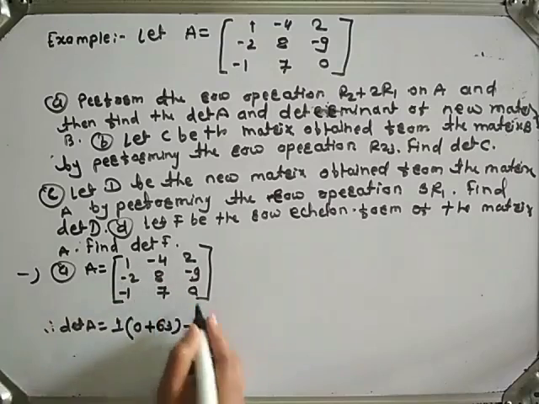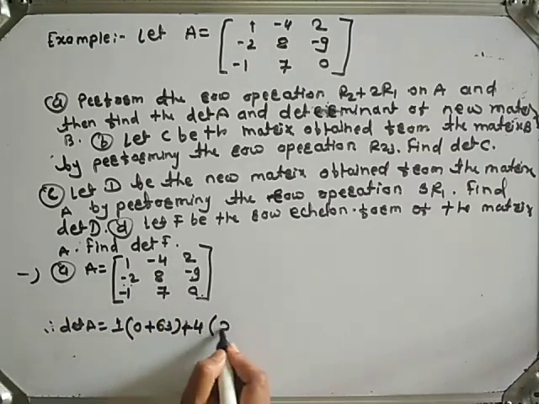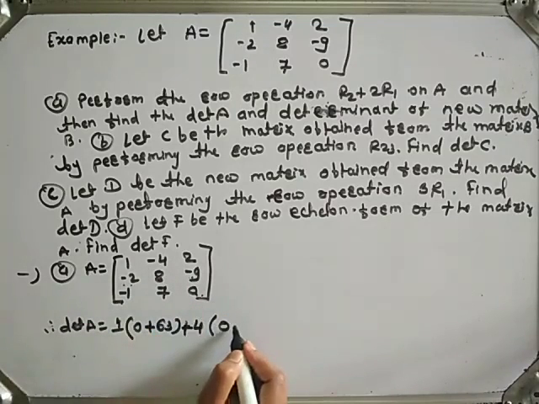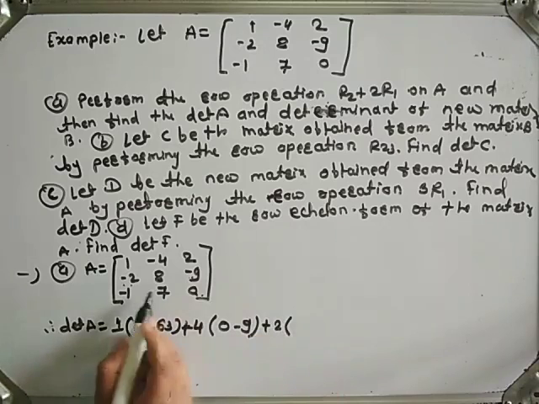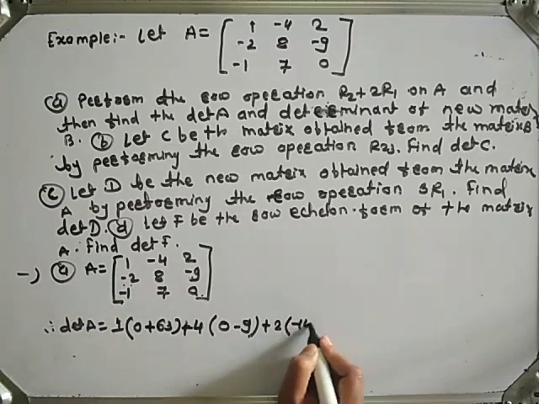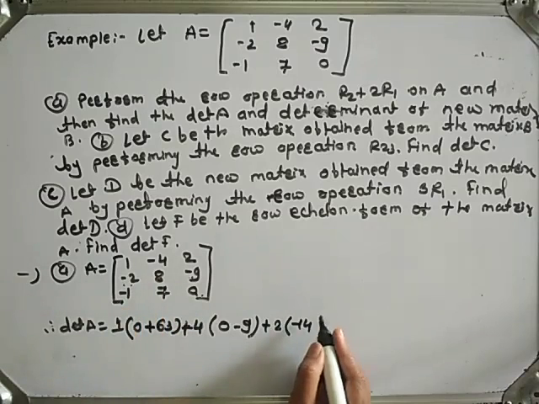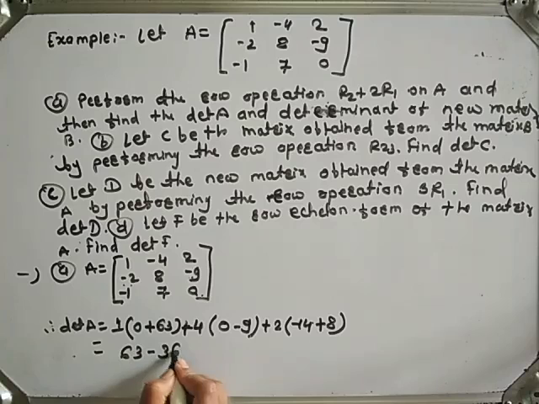Minus, this minus becomes plus 4 into minus 2 into 0 minus plus 9, is minus 9, plus 2 into what? Minus 2 into 7 is minus 14, 8 into minus 1 is minus 8, and here is minus, so it becomes plus 8, which is equals to 63 minus 36.